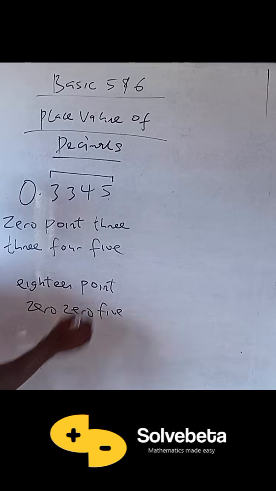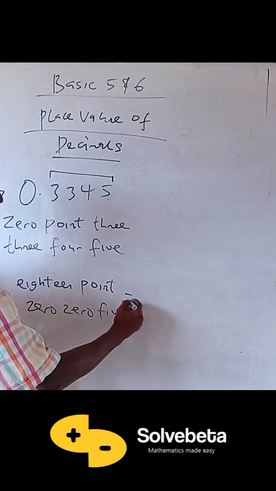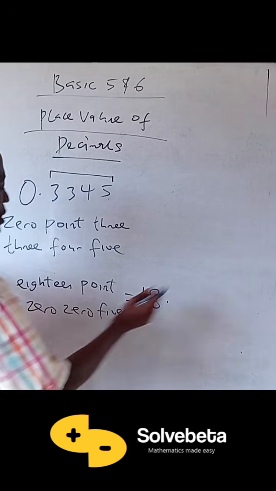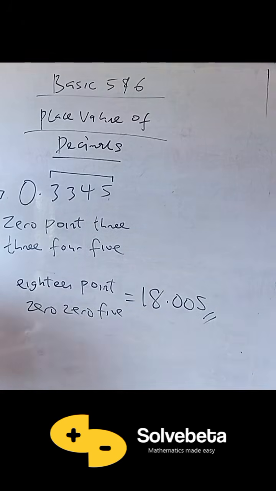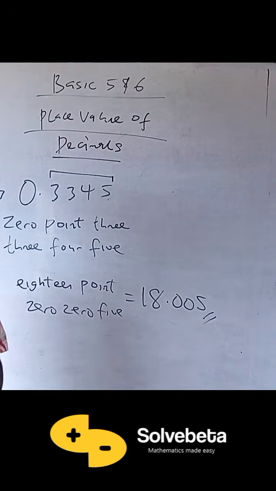How do you write this? 18.005, very easy. So did you get that? That's how easy it is to write decimal numbers. Very, very easy.